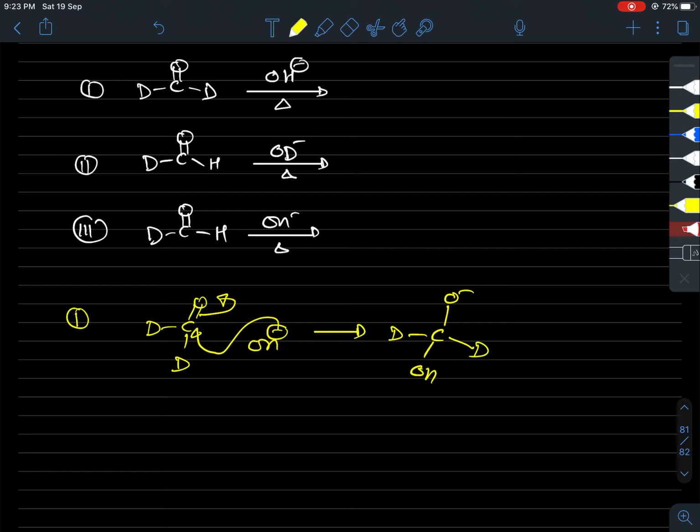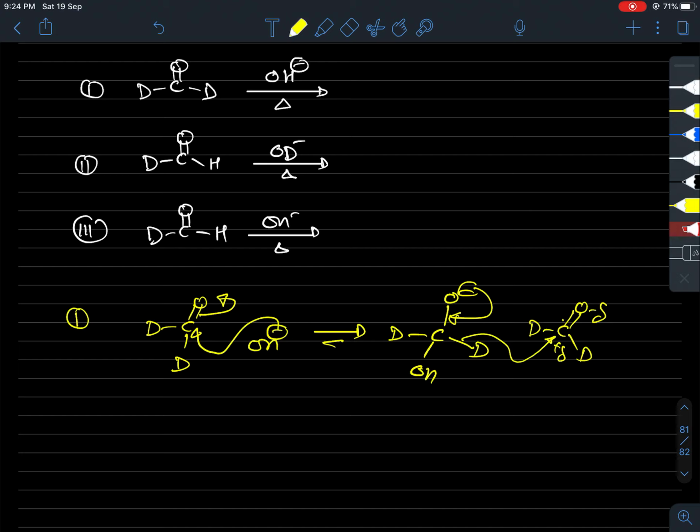As I told you many times, this is very difficult to remove D, but quite often this will come back and OH minus will leave. But even in a very few cases, and that too under the attraction of C double bond O with a positive charge, this D may migrate.